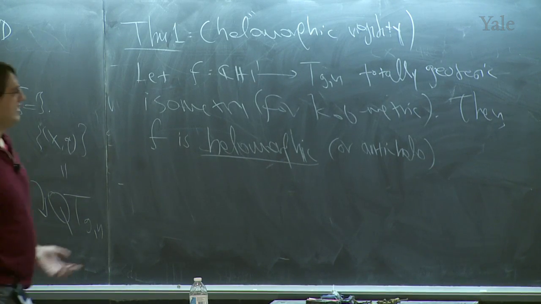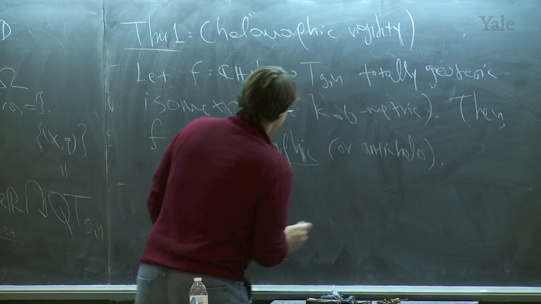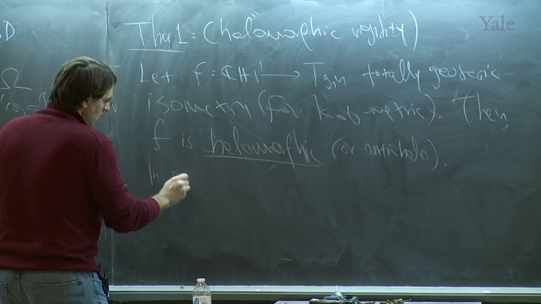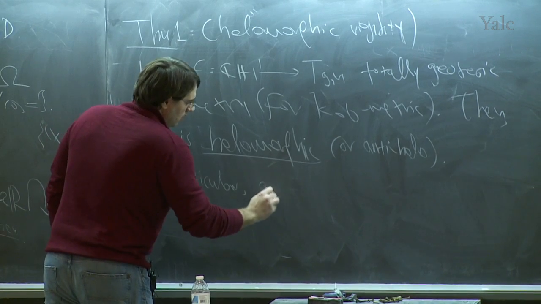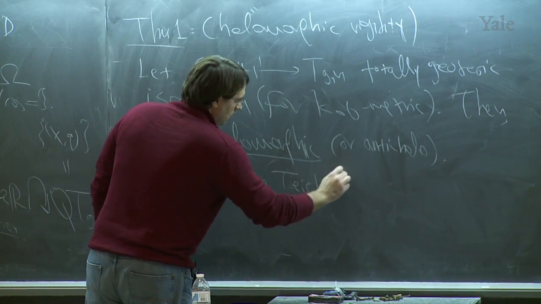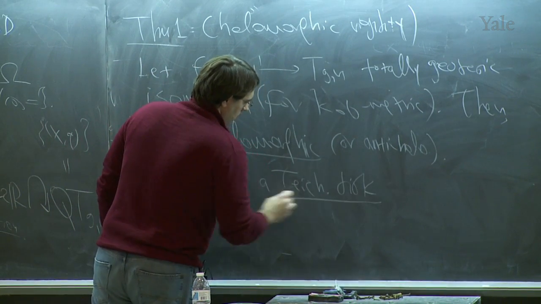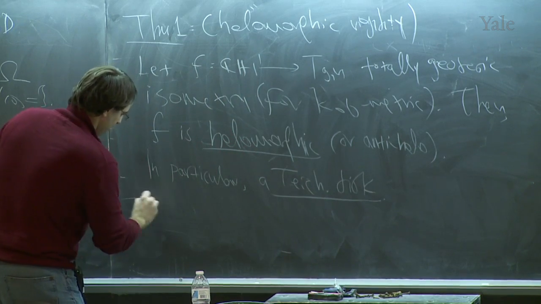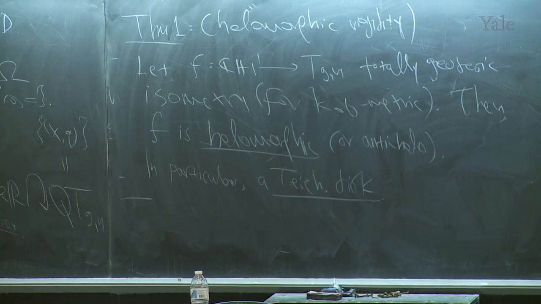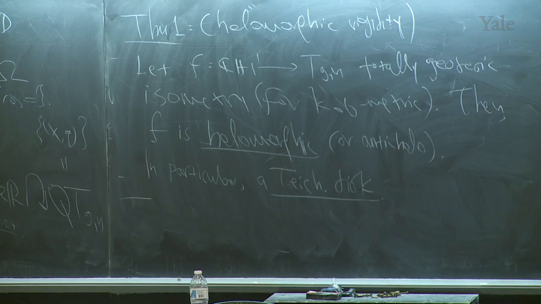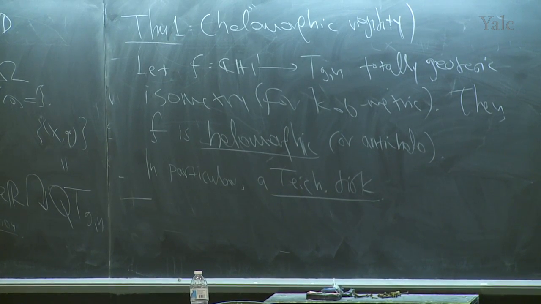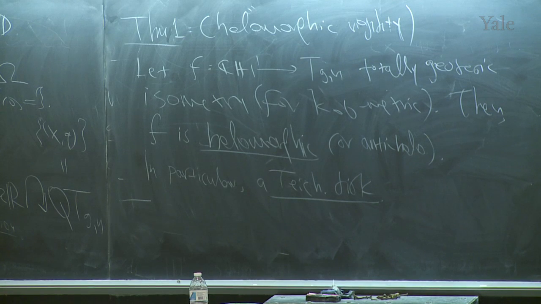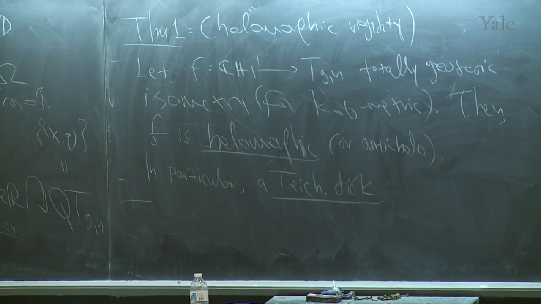And in particular, it is a Teichmüller disk. And the assumptions on F here are very weak. All I know is that it's an isometry. I don't start with any other assumption, even being differentiable. So all I know is that it preserves distance of points.